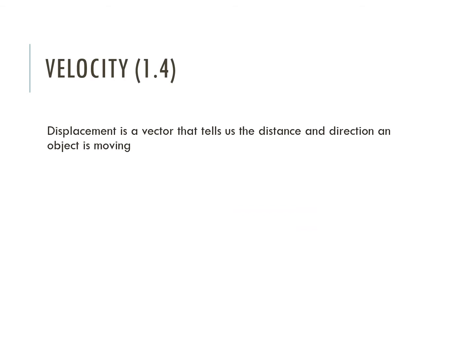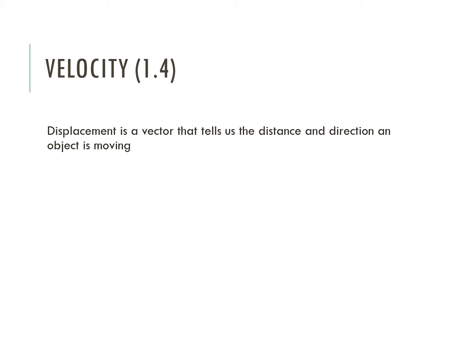So the velocity is going to be a vector. You know what else is a vector that we've already discussed this lecture? Displacement. Displacement is a vector that we've defined, and it tells us the distance and direction an object is moving. If we're talking about one-dimensional motion, it tells us if we're moving right, left, up, down. And if we have a coordinate system, it tells us how far to the right, how far down we are moving.